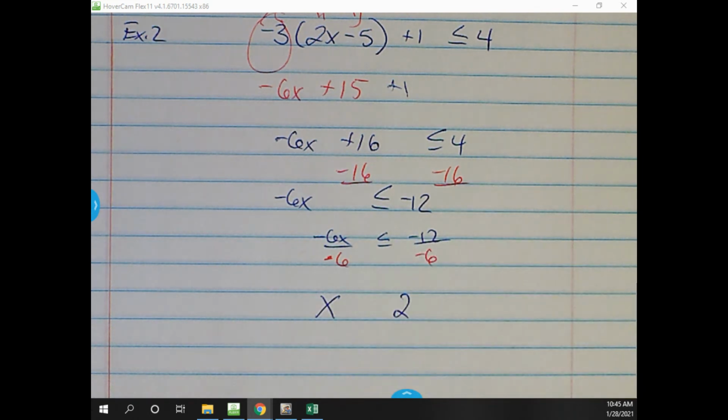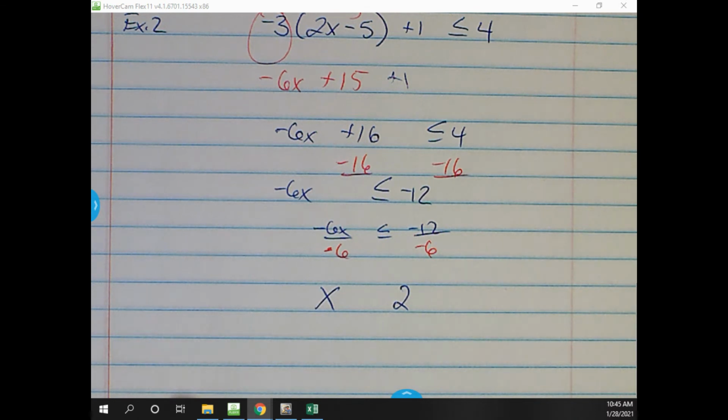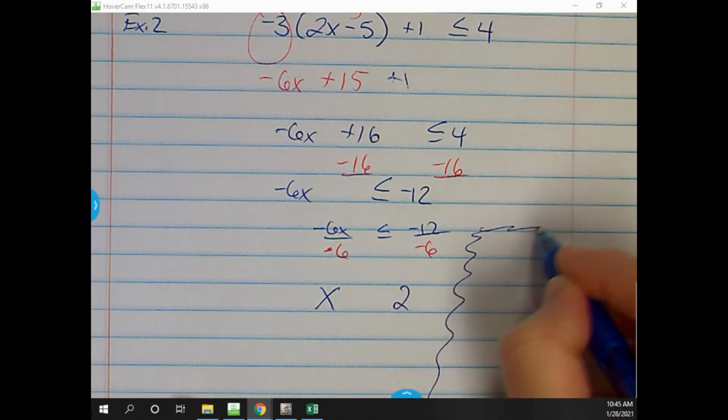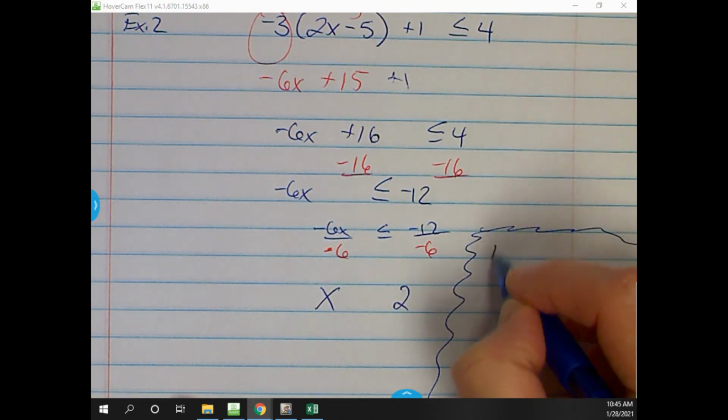All right, here's the catch. Here's the one time, going back to the question over here, that you have to worry about flipping your inequality sign, and this is that spot.